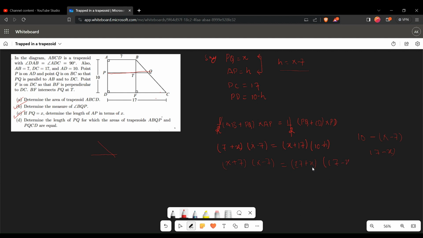So here it is 17 minus x, and here we will be applying a plus b into a minus b, so it will give a square minus b square.